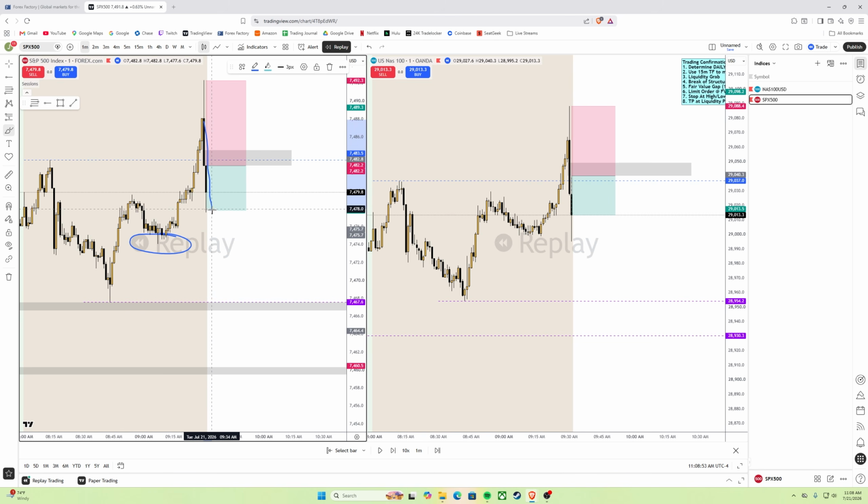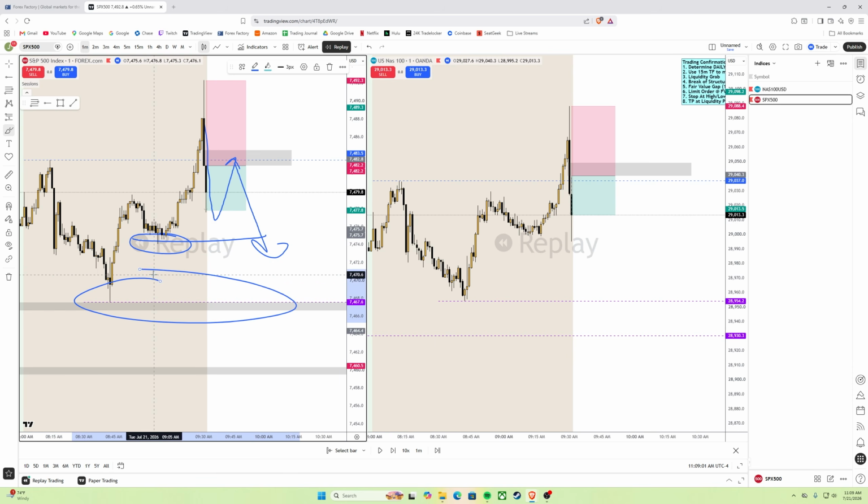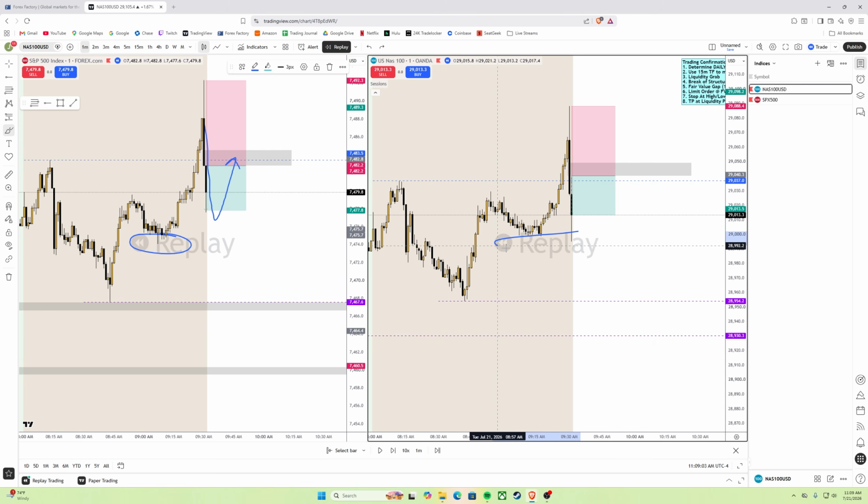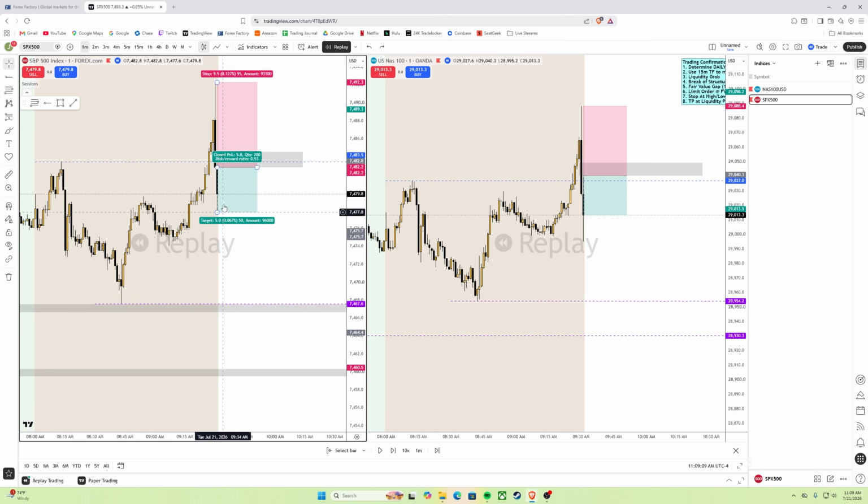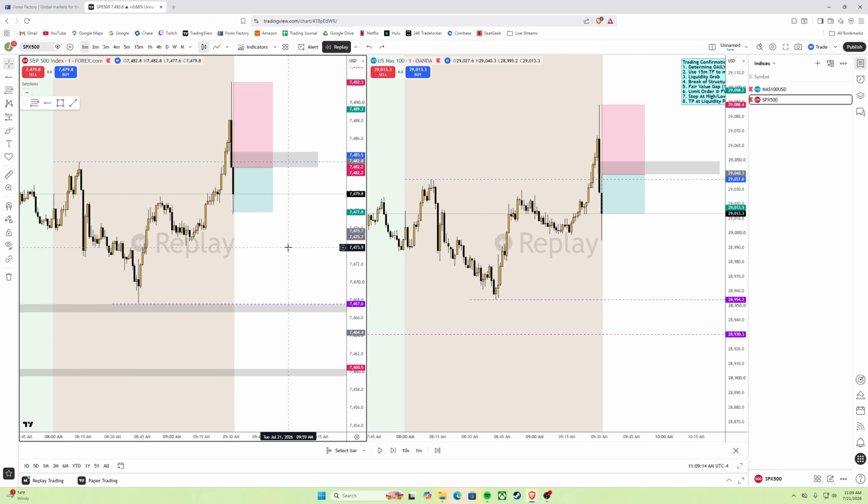I would want the S&P to break structure, and then return to this area before finally going down and clearing this liquidity. Because the NAS already cleared these lows, my preference is already leaning towards the S&P. So long story short, I end up trading the S&P, so we can focus on that.